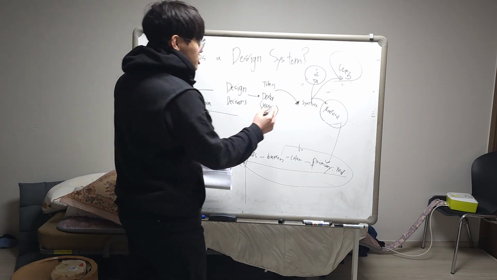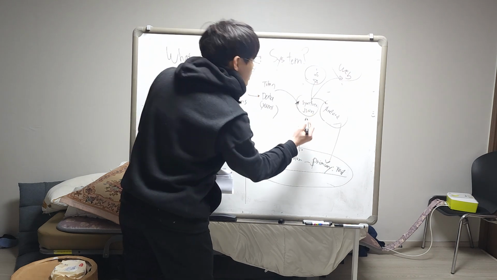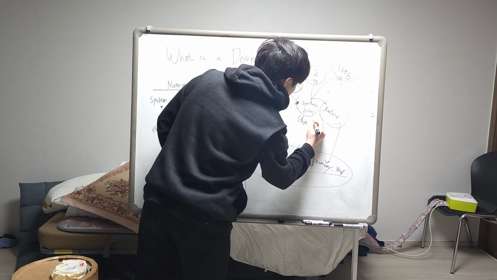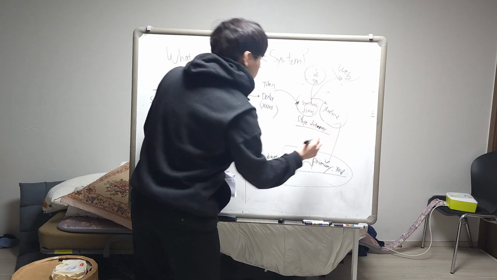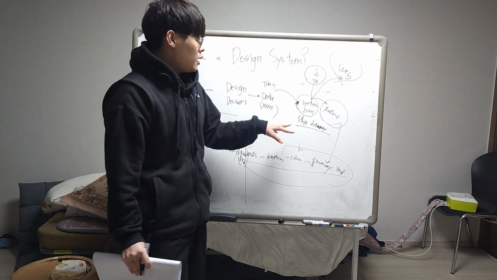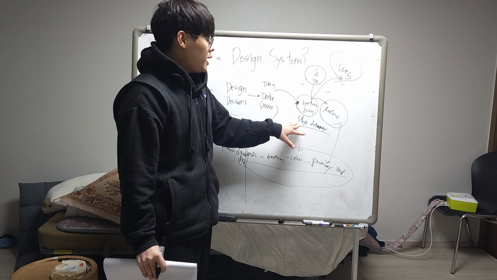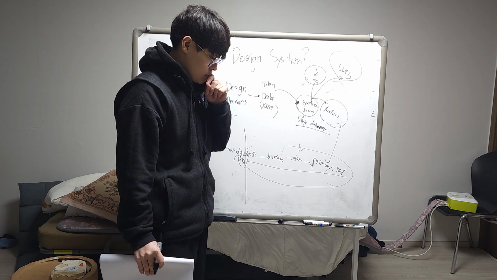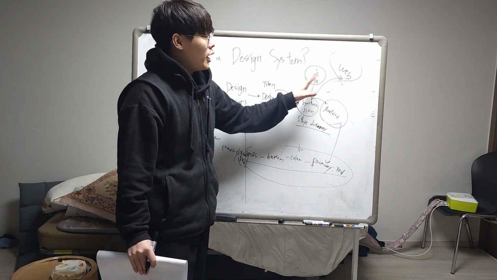And after converting into JSON, we can use libraries such as Style Dictionary. Style Dictionary is the tool that makes it as a file that each environment can use.